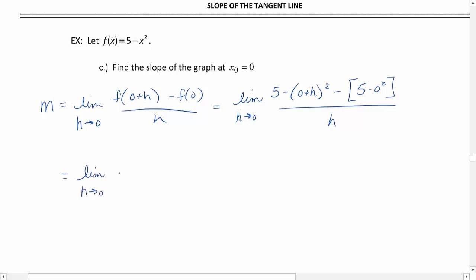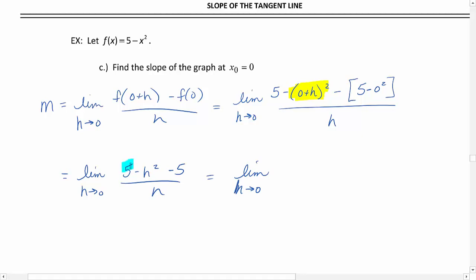So limit as h approaches 0. Now this here is just going to simplify to be h squared. So 5 minus h squared, and then 5 minus 0 squared, of course, is just 5, all over h. So the limit as h approaches 0.